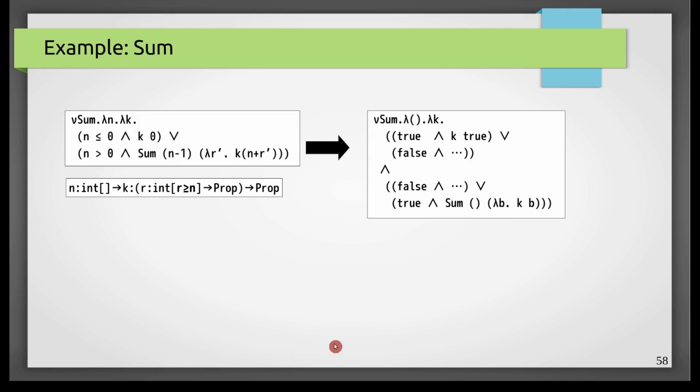We can now explain how the example sum is abstracted. And this is the abstracted formula using predicate r no less than n. This formula also consists of two parts, case for n no greater than 0 and n greater than 0. Each part corresponds to the original formula.